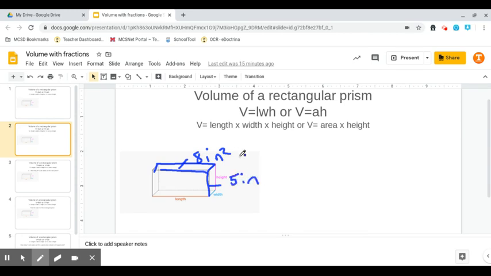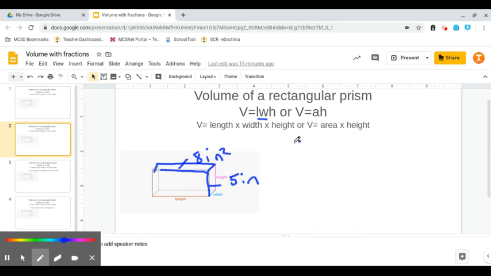Okay. So if they've given you the area, they've in a sense given you length times width, because length times width is area. So instead of multiplying length times width, we already know what that is. In this case, it's 8.